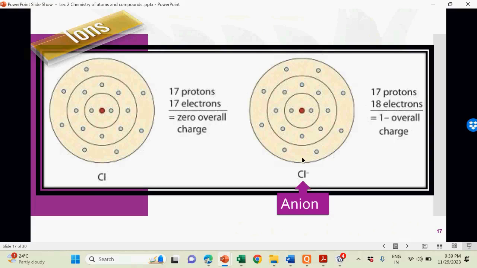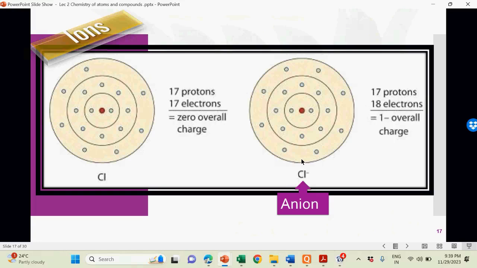So they will attract an electron from the sodium, and it will have one more electron. So the number of electrons will be more compared to the protons, and that's why it's negatively charged. The overall charge is -1, so it is an anion and negatively charged.